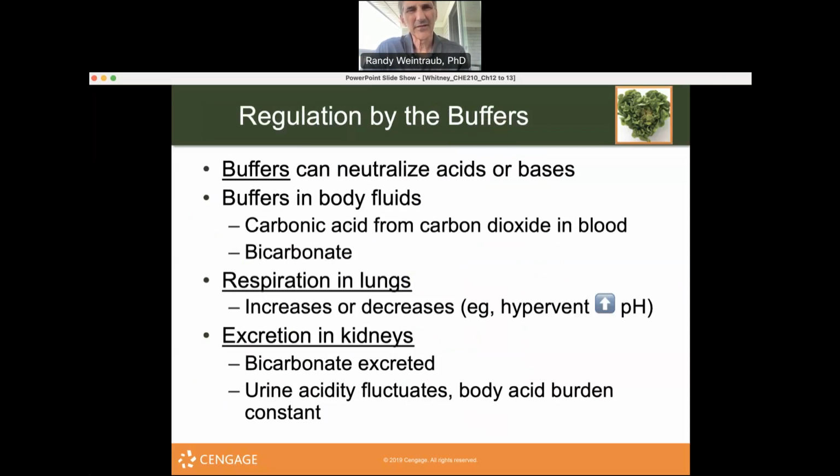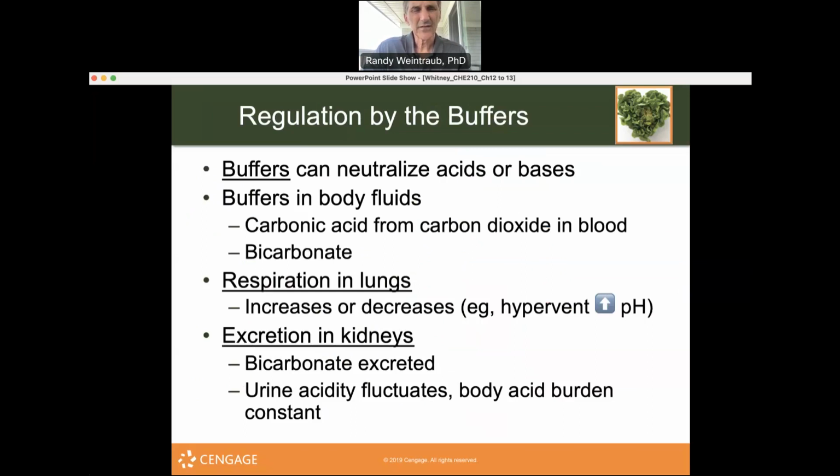Three major buffering systems operate in the body. Buffers neutralize acids and bases, maintaining body fluids at approximately neutral or a little on the acidic side. Carbonic acid from CO2 in the blood and bicarbonate is the major buffer in our bloodstream.